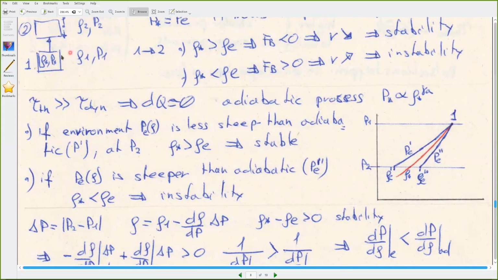That means that for the object, P star, the pressure, and rho star, the density, are connected with the adiabatic relation.